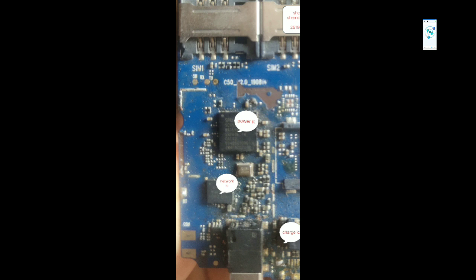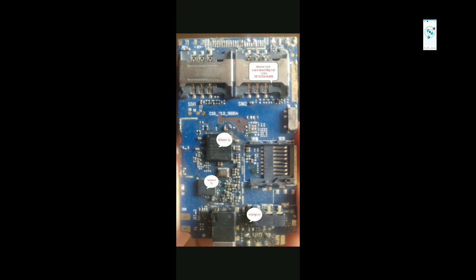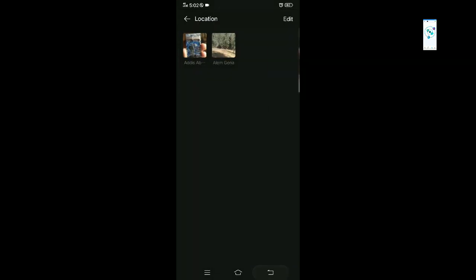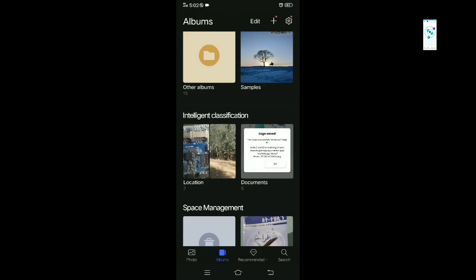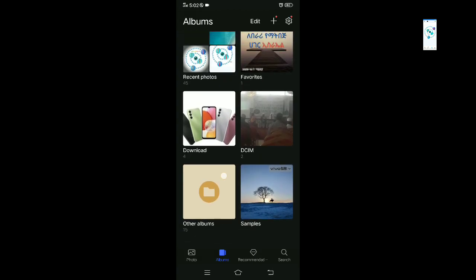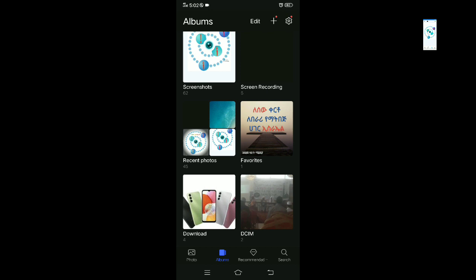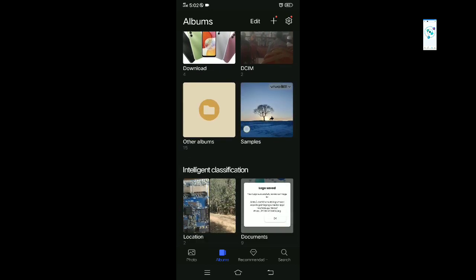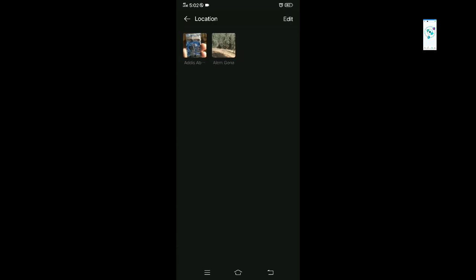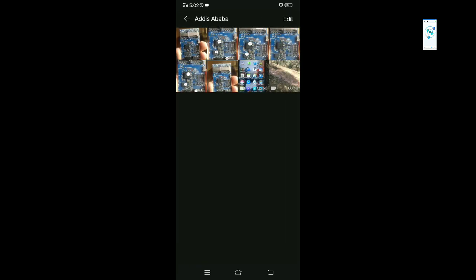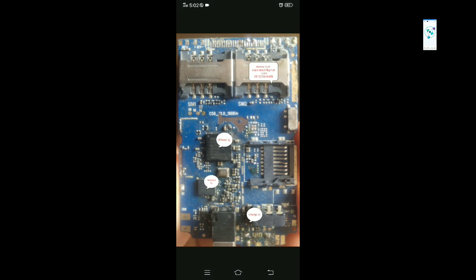If we have a mobile saying no service, or searching, or emergency calls only, and it is not working for calling, we have to change the network IC. This is the network IC.